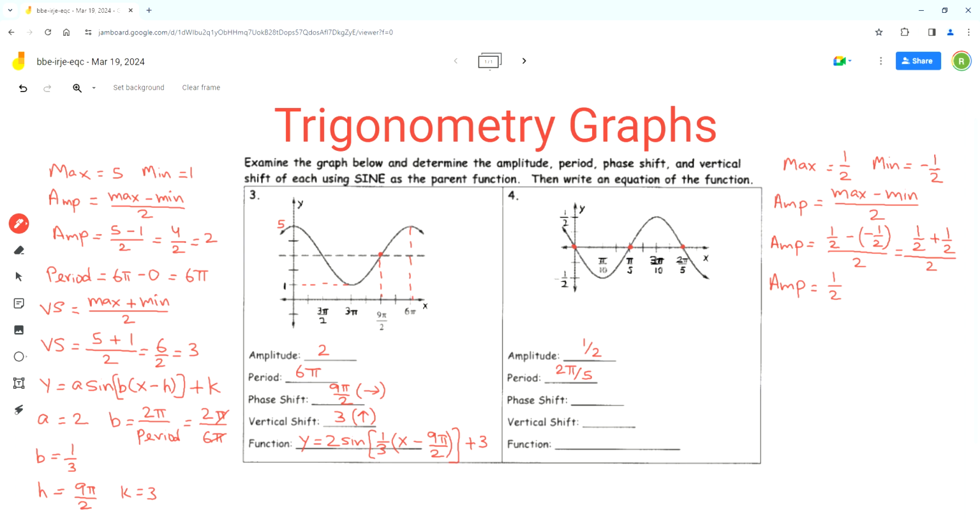But this point has been transformed pi over 5 units to the right side. So the phase shift is pi over 5 units to the right side. This is a very important concept you need to understand and memorize.